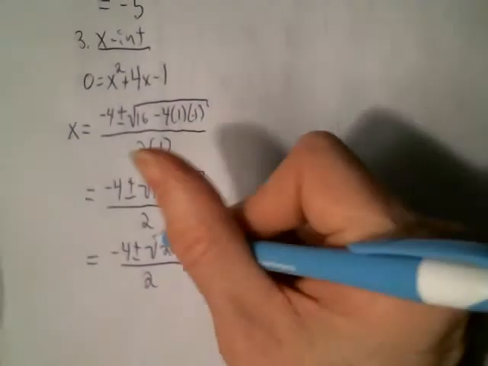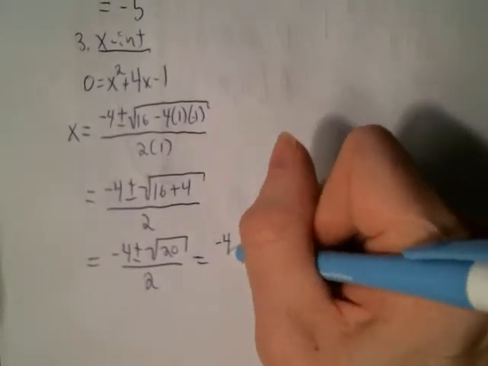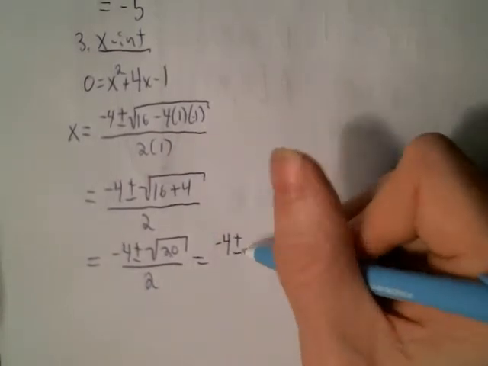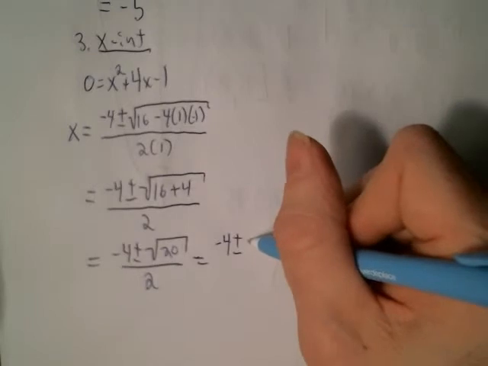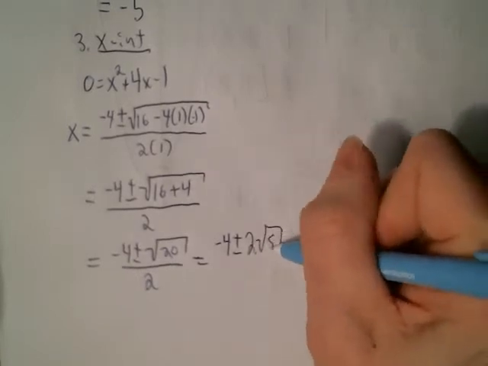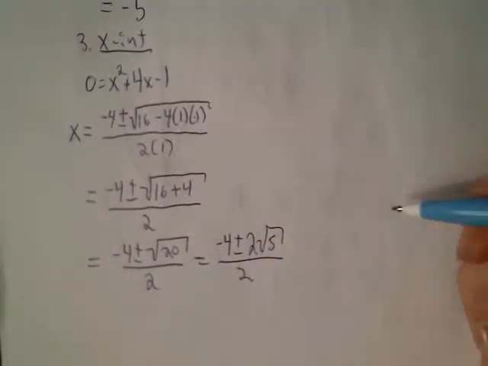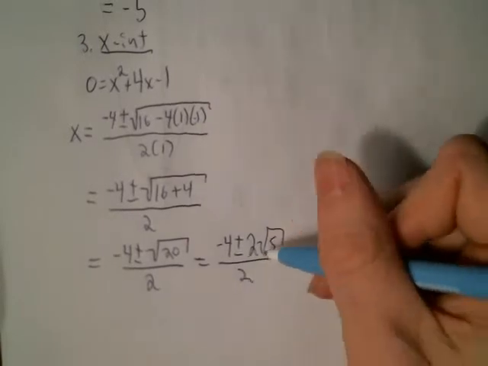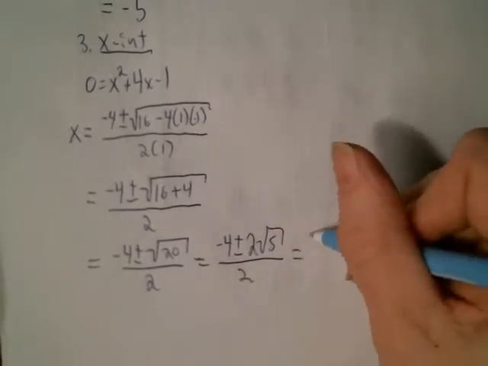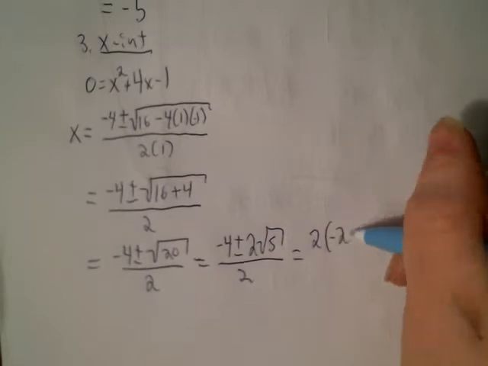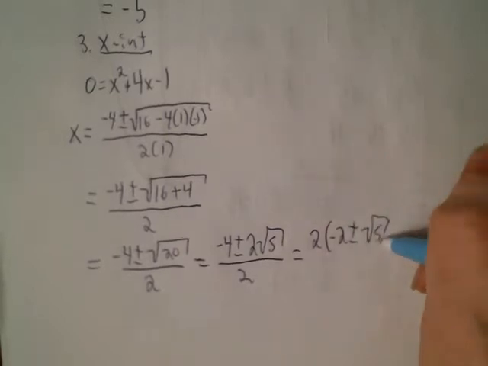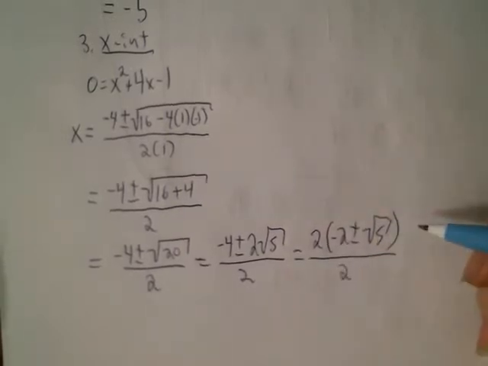Then we want to march out perfect squares. So it's -4 plus or minus radical 4 times 5, which is 2 radical 5, over 2. Factor the numerator, so you could factor a 2, and you get -2 plus or minus radical 5, all over 2.